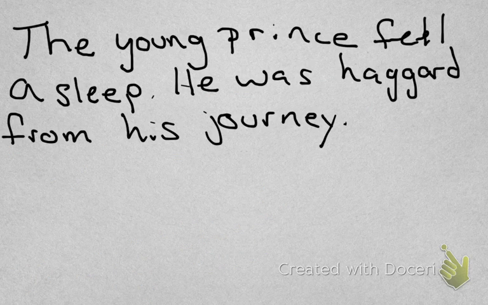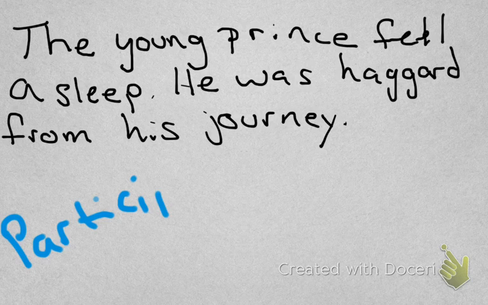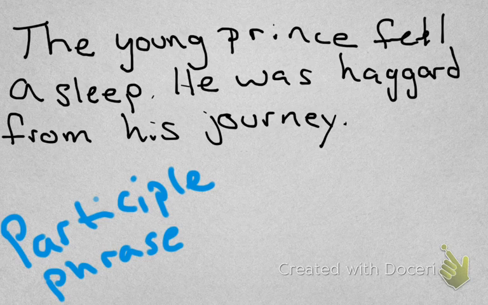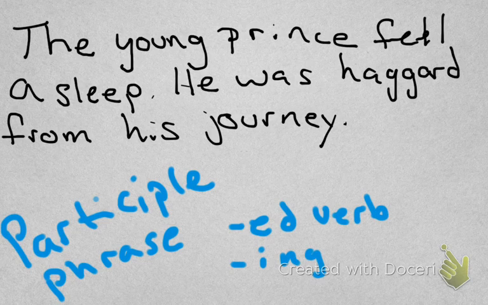Another way of using a phrase to combine sentences is looking for when you can use a participle phrase. And you should remember what participles are from earlier this semester. Remember, the participle is going to be either the ed verb or the ing verb.